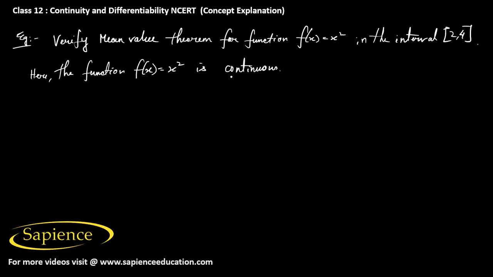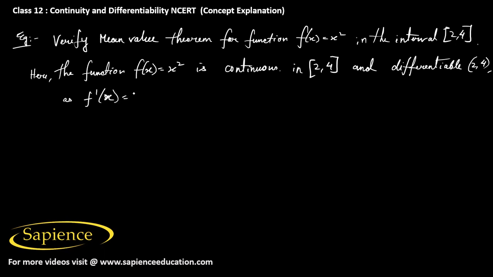So here the function f of x equal to x square is continuous in the closed interval 2 to 4, and it is differentiable in the open interval 2 to 4, as f dash x, which is equal to 2x, is defined in the open interval 2 to 4.